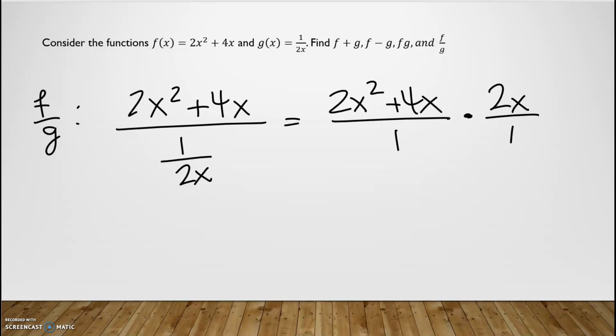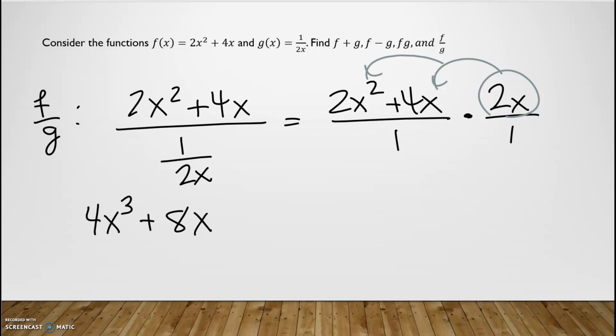So I'm going to distribute this 2x to both the 4x and to this 2x squared. So what we're going to get is 4x cubed plus 8x squared. And that will be f divided by g.